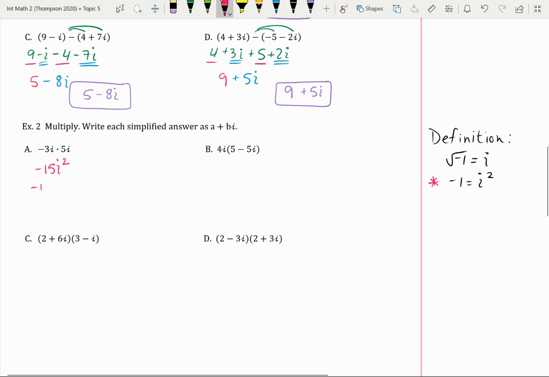So here where I have an i squared, I'm going to substitute in a negative 1. Put a little asterisk here so you know where that came from. i squared by definition is negative 1. Then I multiply negative 15 times negative 1 and I get a positive 15. Because although i looks like a variable, it's actually a number.